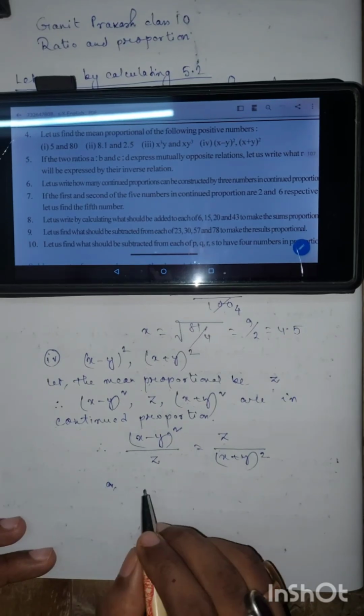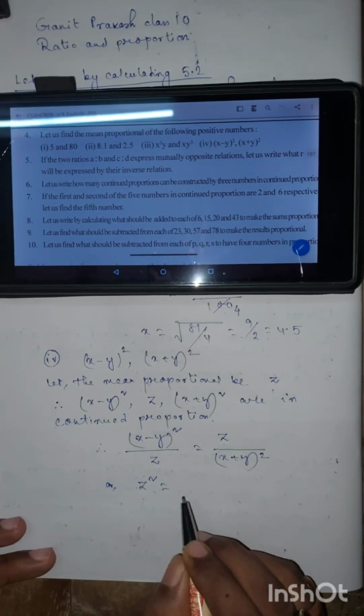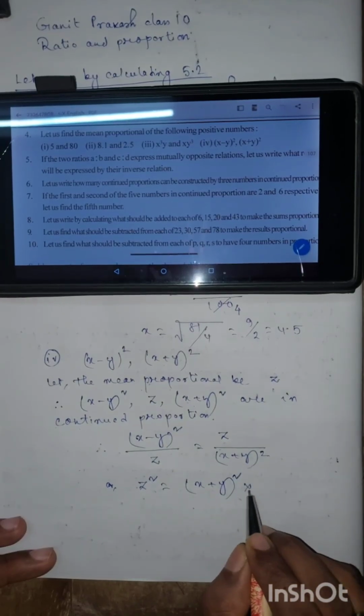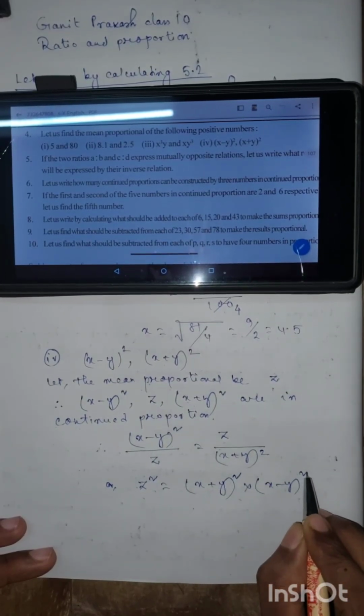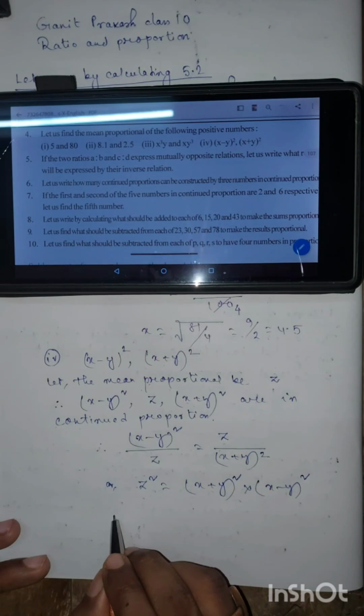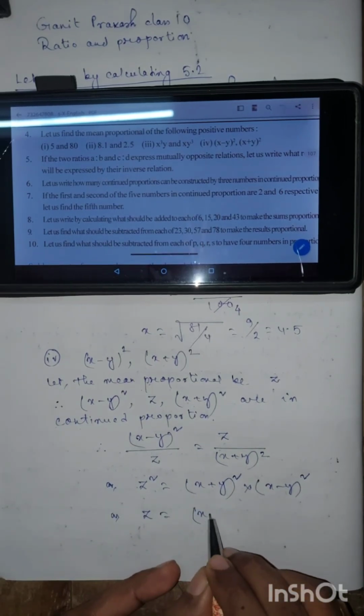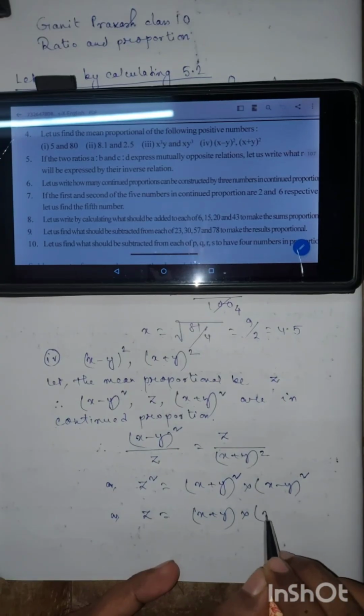or z square is equal to x plus y square into x minus y square. So z is equal to, we are only taking the positive value, x plus y into x minus y.